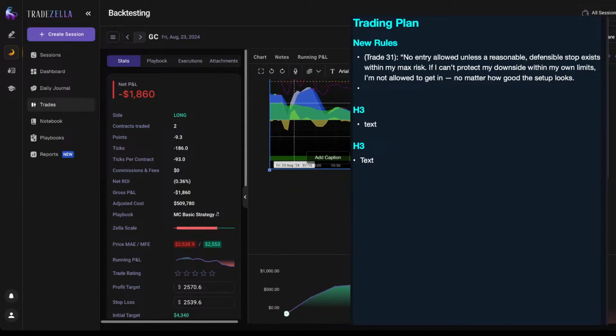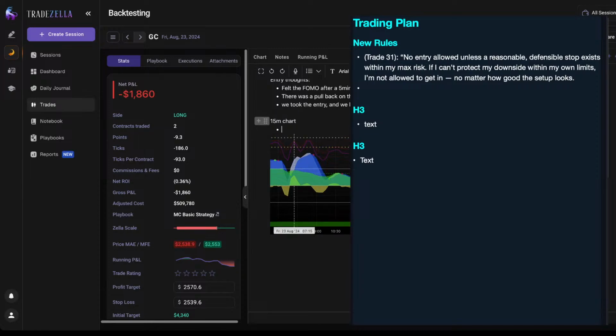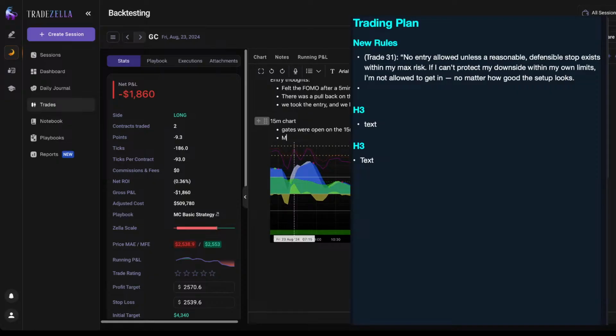I'm gonna show y'all how we journal, folks. Gates were open on the 15. Money flow strong.